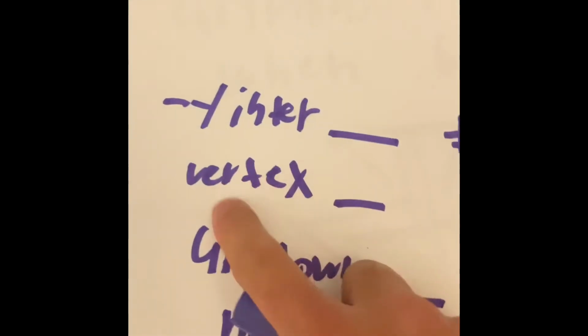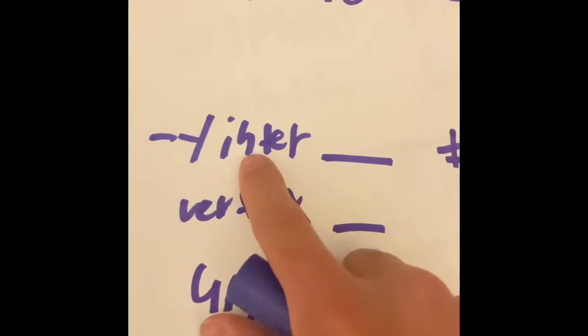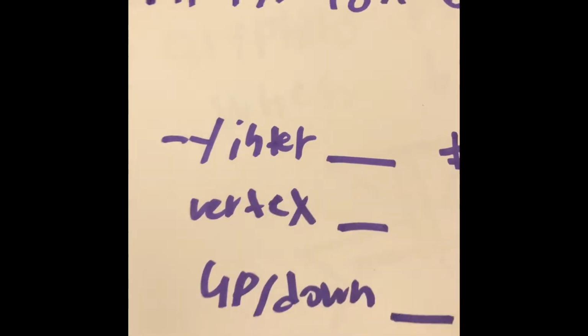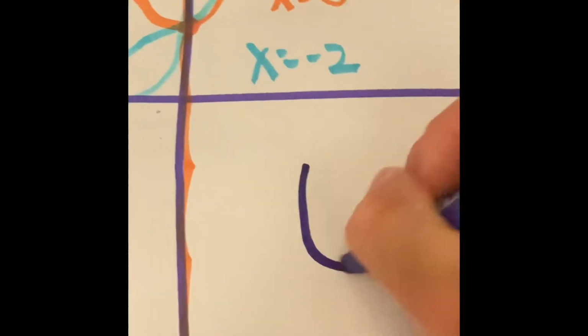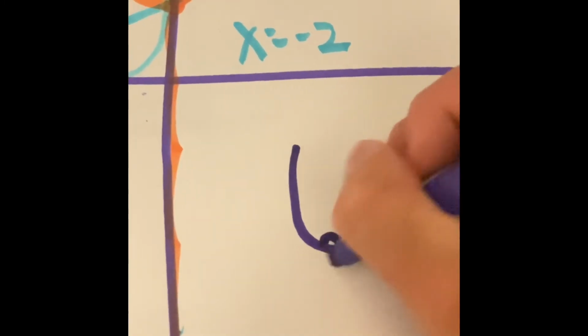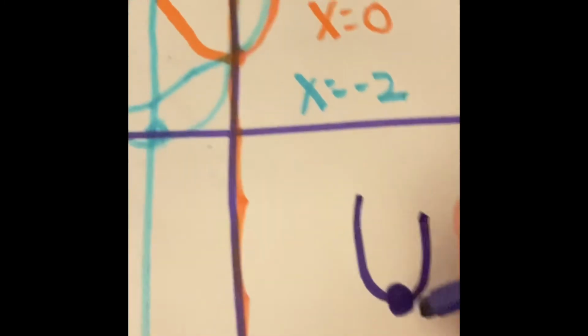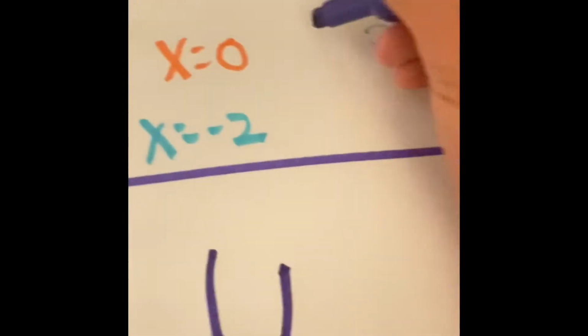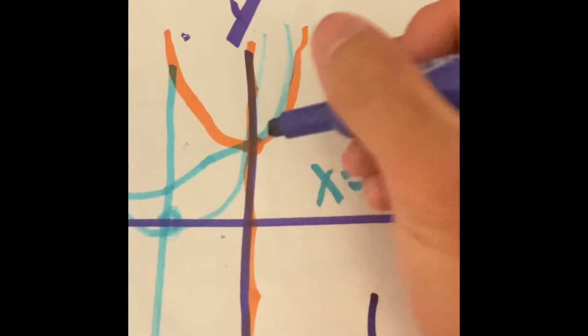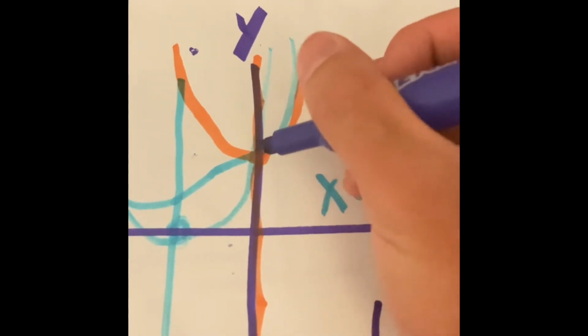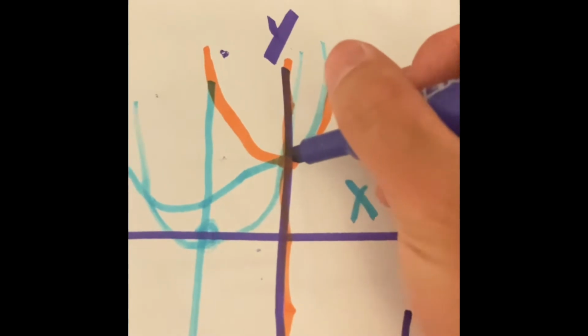The first thing we have to do is find the vertex. But why are we not finding the y-intercept first? When we look at a parabola, the vertex is the point where the curve ends. When we've been graphing when b does equal 0, the y-intercept can be our vertex.